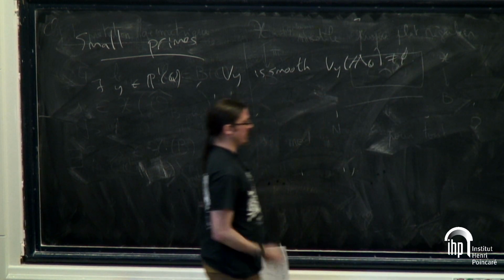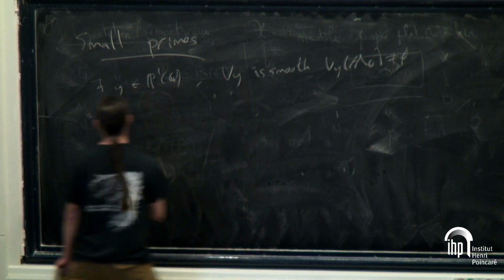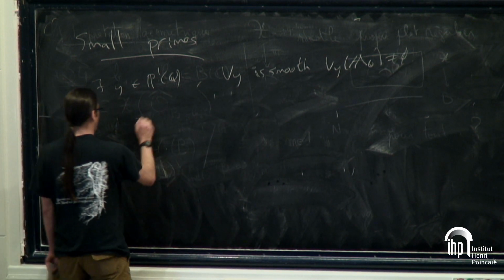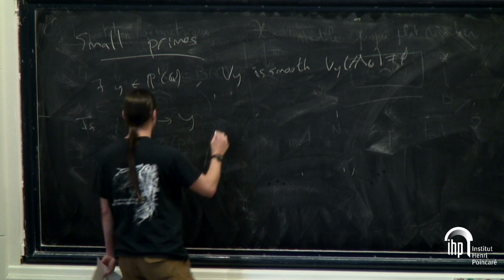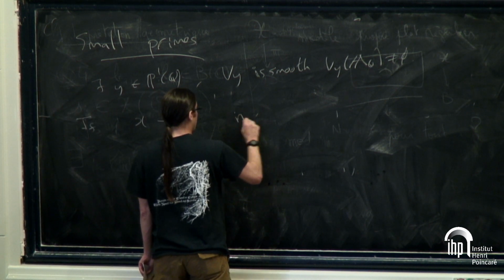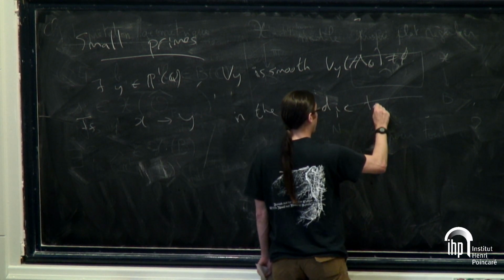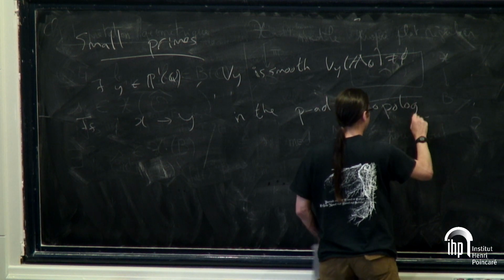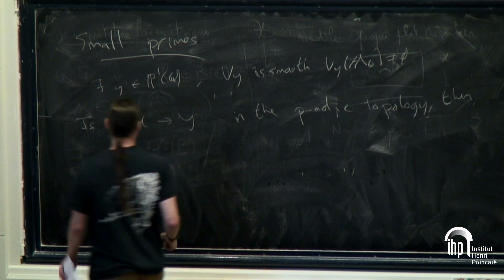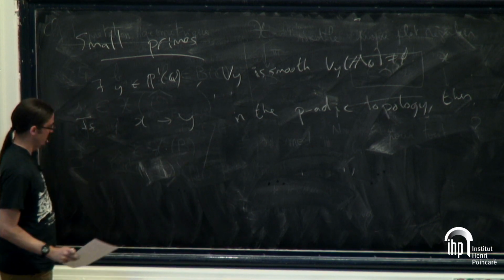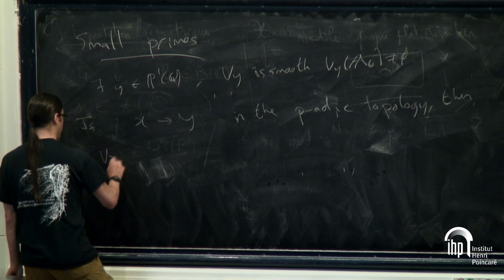Then all we do is approximate: at any prime we can approximate this fiber. If x is close to y in the p-adic topology, then since the fiber over y has a smooth Q_p point, you get one in the fiber over x by the p-adic implicit function theorem.